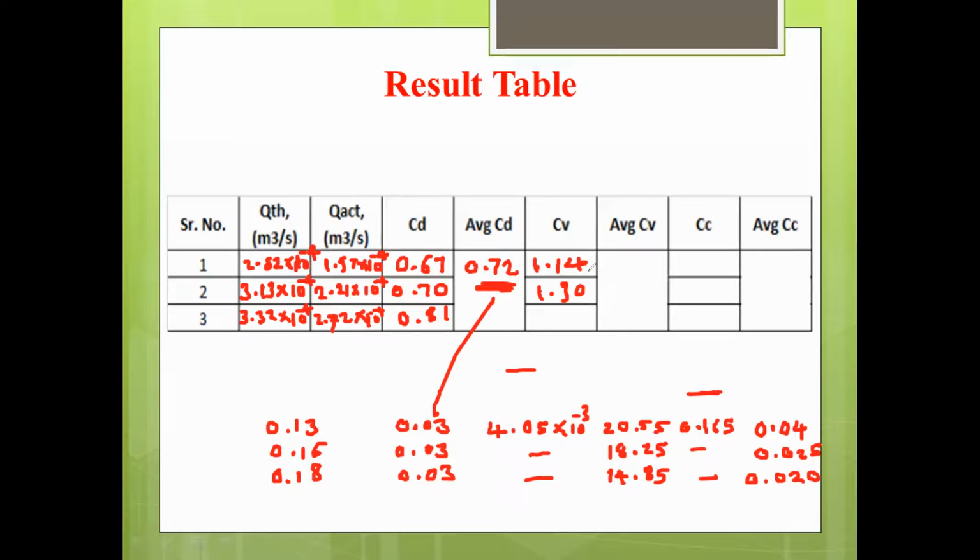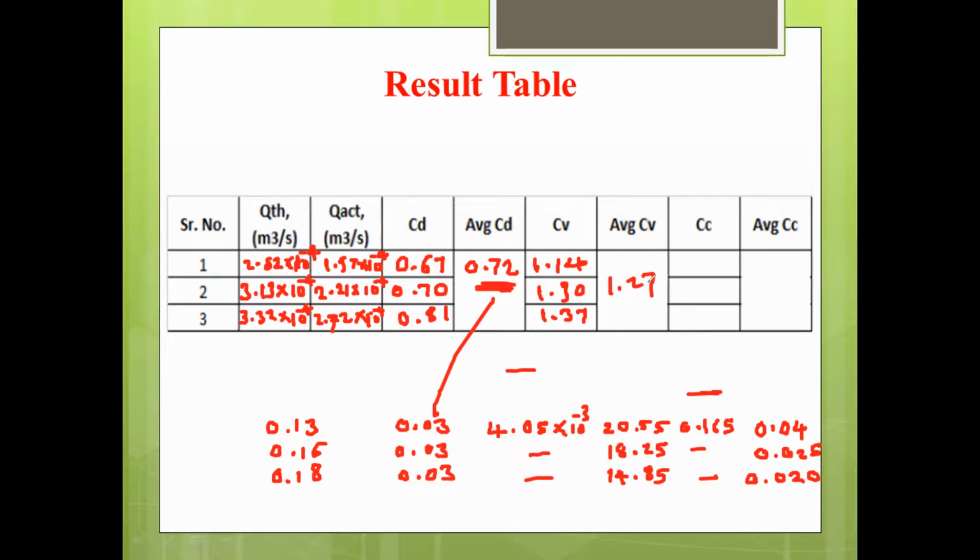Some calculation mistake, that observation mistake may lead to such kind of problems. 0.18 is the capital H and Y is 0.020, bracket complete. And here I have got the CV again increased, 1.37. So the average, if I find it, 1.37 plus 1.30 plus 1.14 divided by 3, 1.27 is the CV that has come in here, average CV.